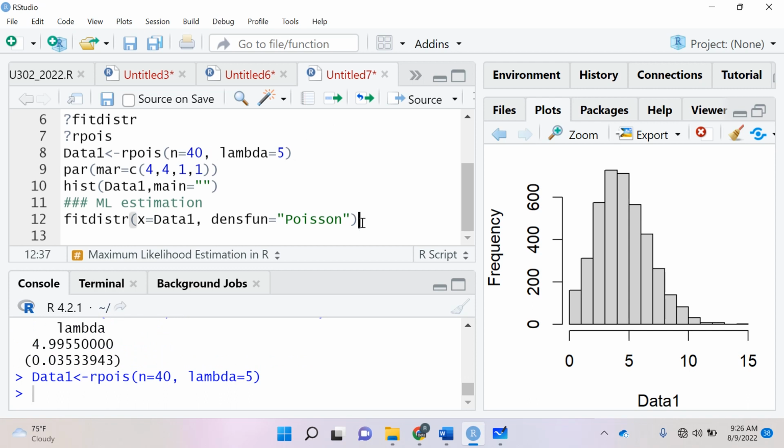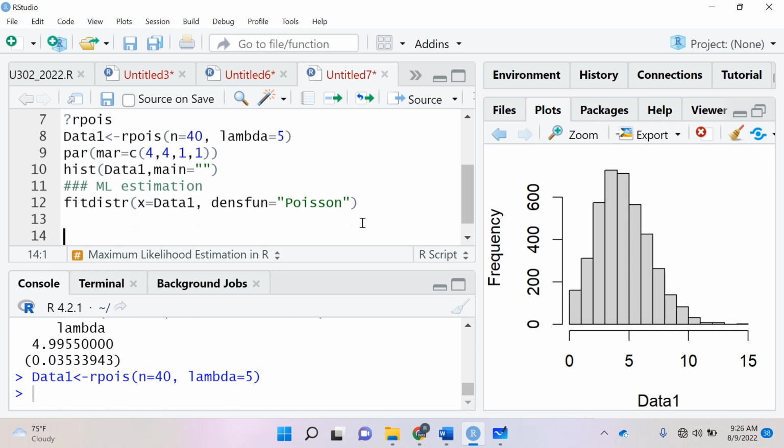Now, one other way is to use another function from the MASS package. This one we can also fit using the fitdistrplus package.